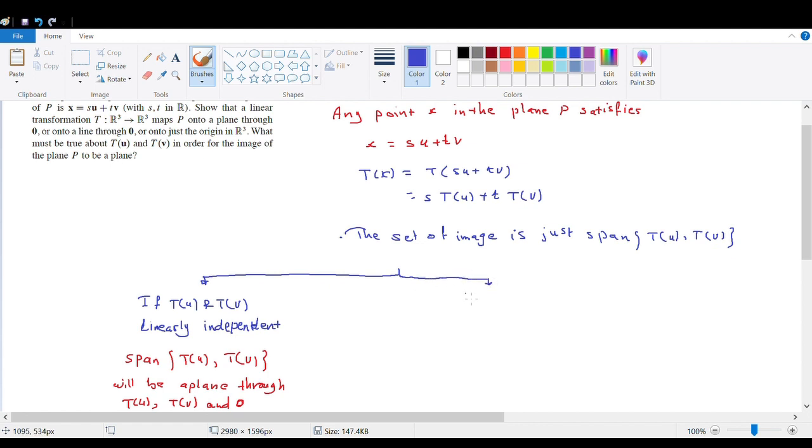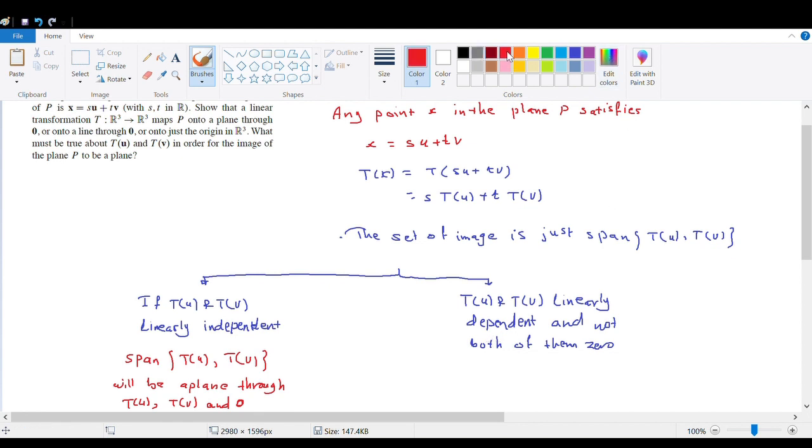So if TU and TV are linearly dependent, and not both of them 0, so only one of them is 0, then the span of TU, TV will be a line through the 0 point and the vector.